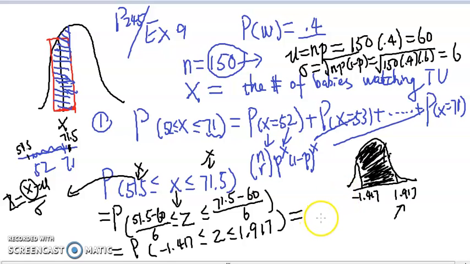When you look into the table, I'm just going to copy this from the book, you will get 0.9724, which gives a total area starting from here all the way to the left end. That means it includes this area. So we need to find the area of this part, the left area to negative 1.417.